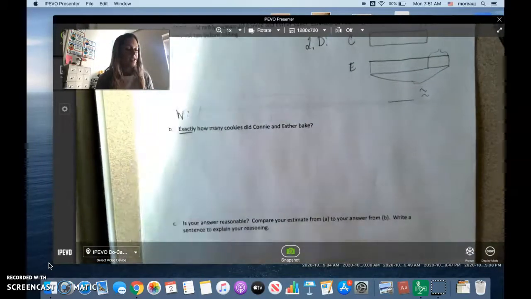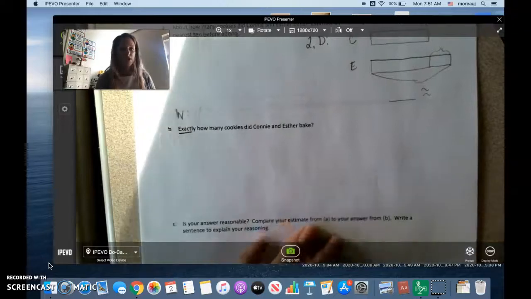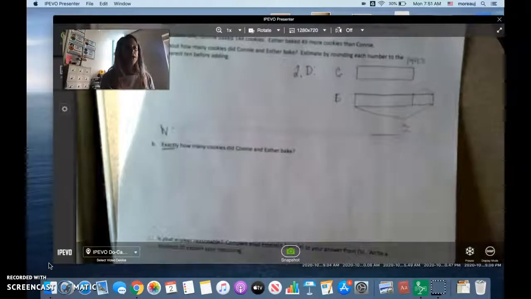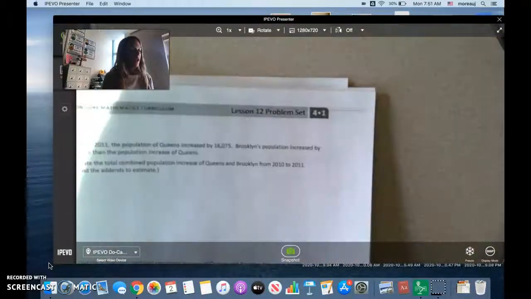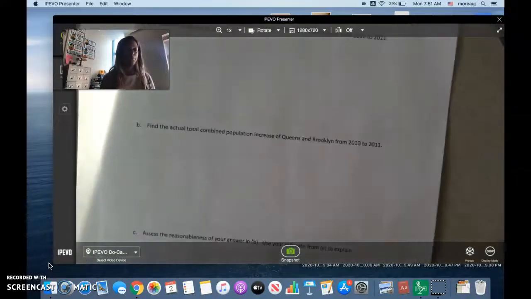And then we'll need a statement here. Is your answer reasonable? So all of page 180, all of page 181, and if you have more time then you may do page 182.